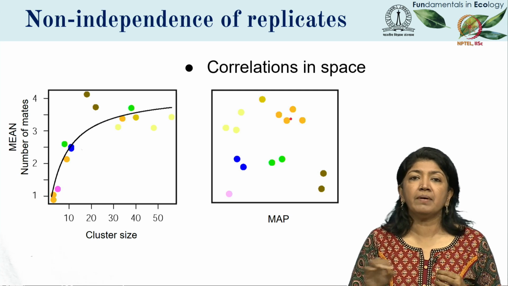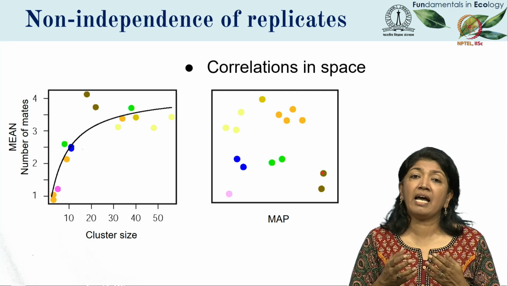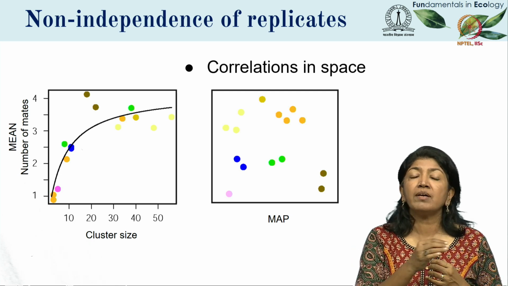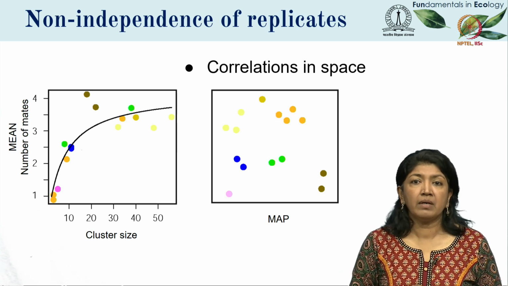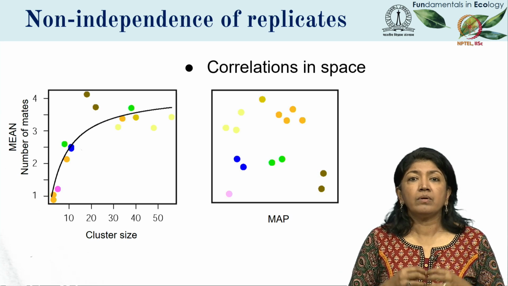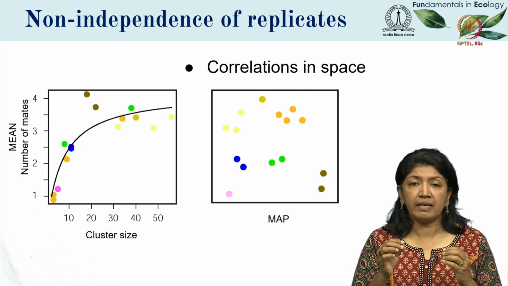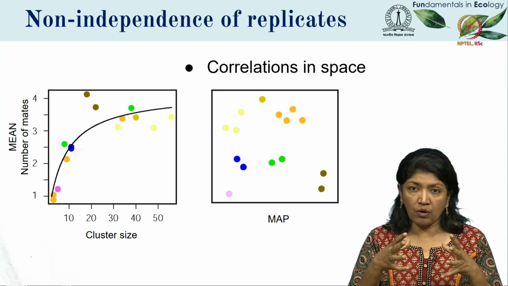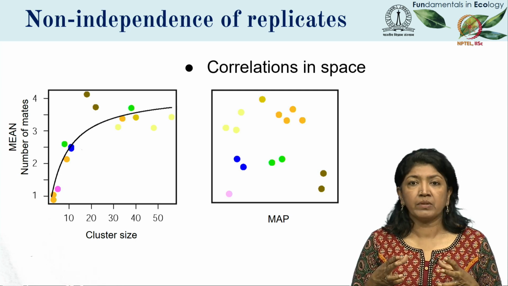Now, it is possible that these two brown clusters have greater than average mating success, perhaps because they are close to a route that females use while moving through the landscape. So, now these two clusters are not truly independent replicates, they are both affected because of some environmental feature that they share.